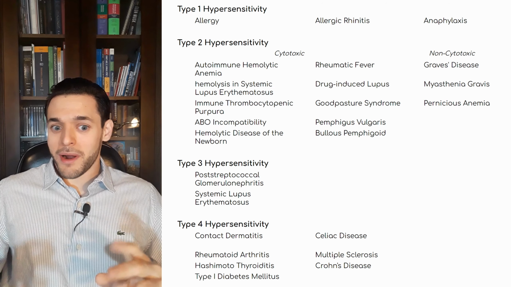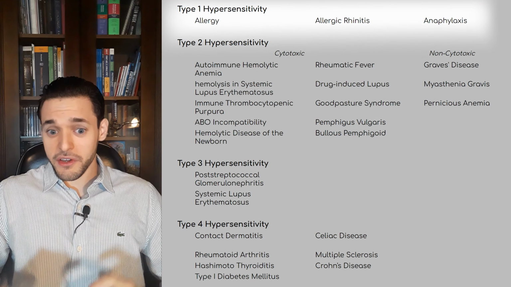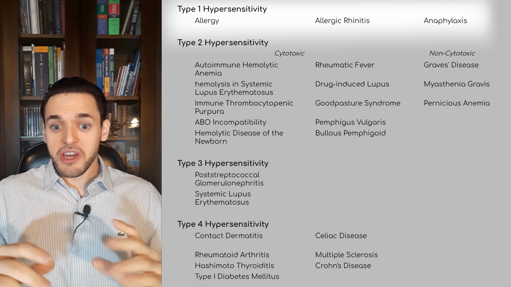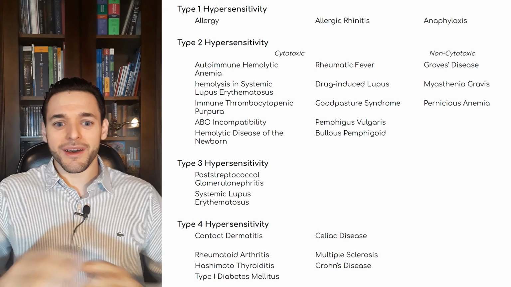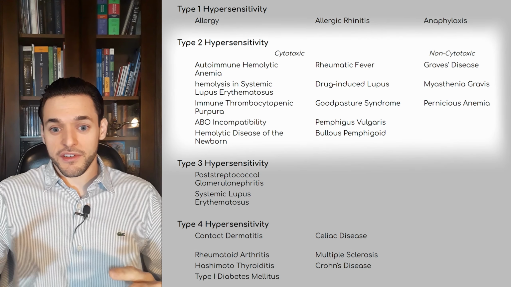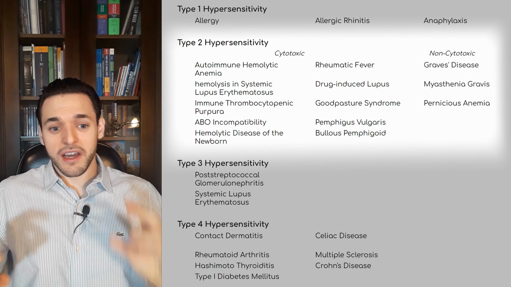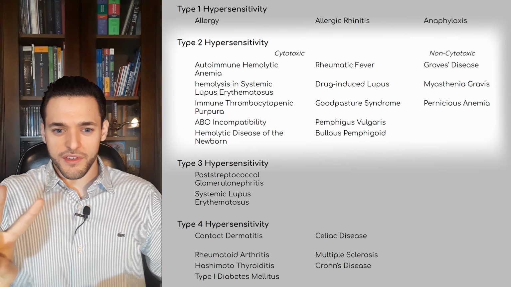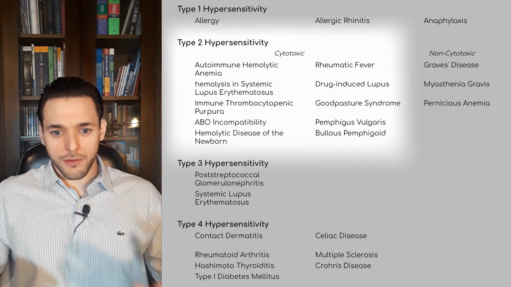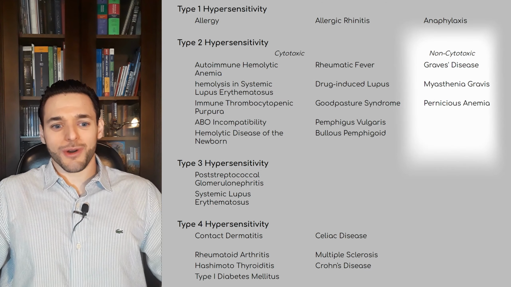Hence, you are aware that type 1 hypersensitivity is mediated by IgE and involves allergic reactions, and you now know roughly a dozen examples of hypersensitivity mediated by direct IgM or IgG action, type 2 hypersensitivity, both cytotoxic and non-cytotoxic.